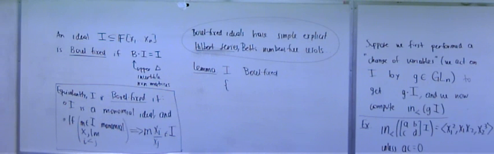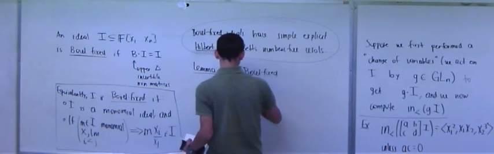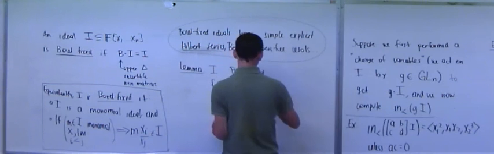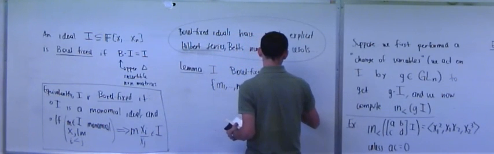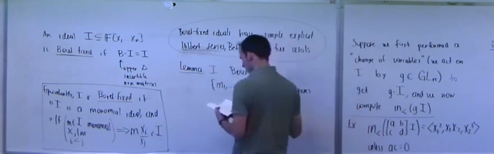So let me give names to those guys. So let's say that M1 up to MR is the minimal set of generators. Okay.